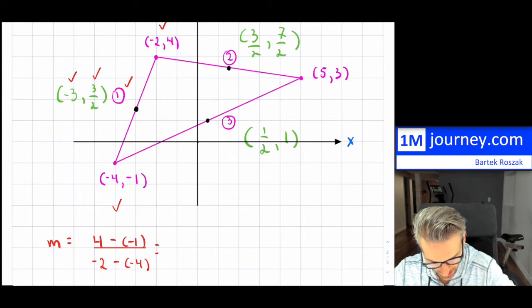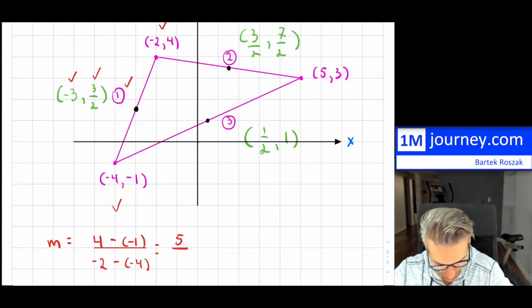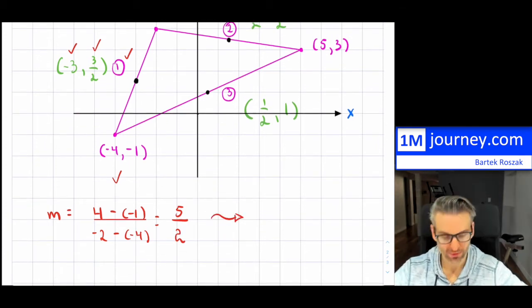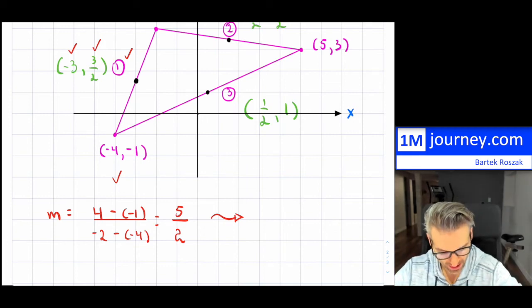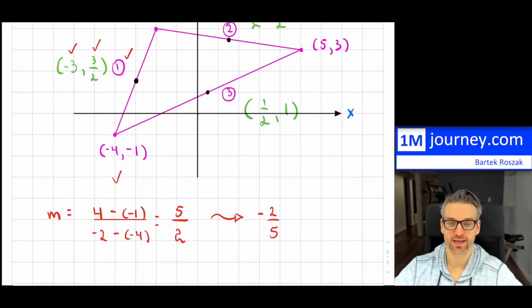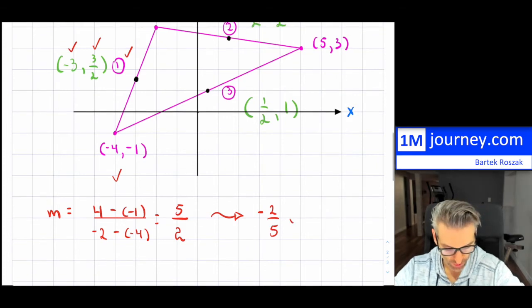Notice what we have here: this is 5, over negative 2 plus 4, which is 2. So that's my slope. If I want to find the perpendicular bisector, I take the negative reciprocal of that. This is the slope of the perpendicular bisector.